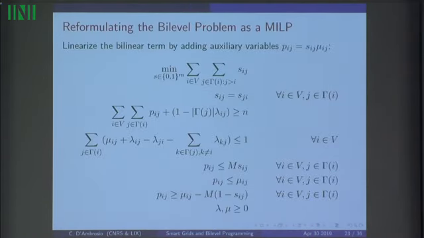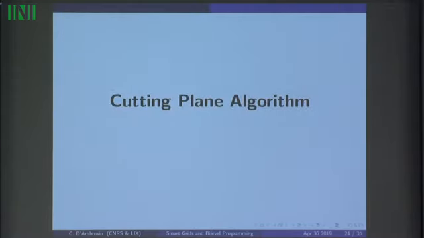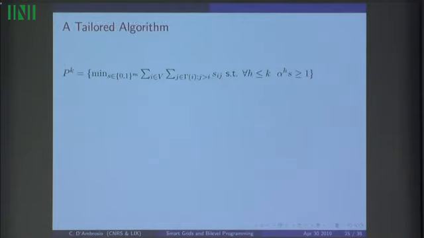Now, we tested this, and this method was working better than the previous one, but we wanted to improve even further. So what we did is to devise a cutting plane algorithm that looks like this.